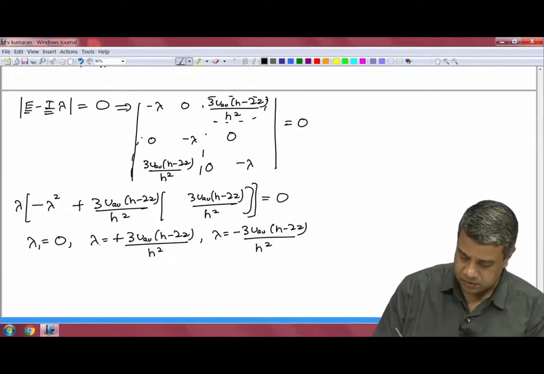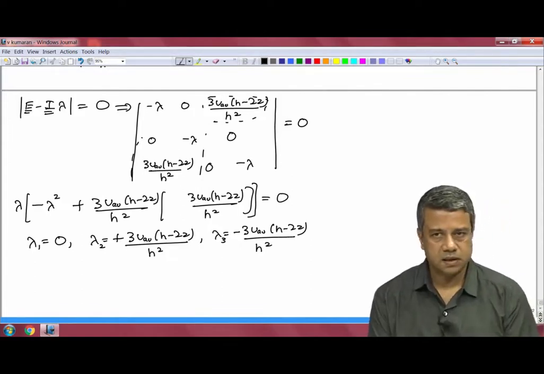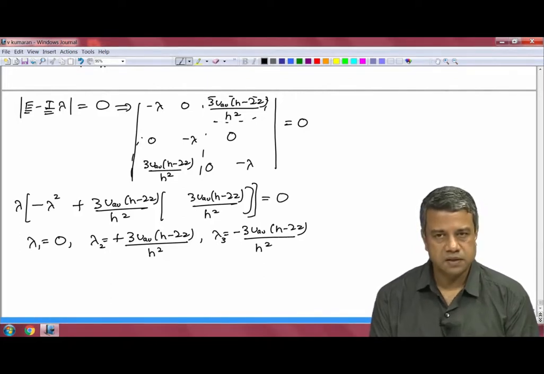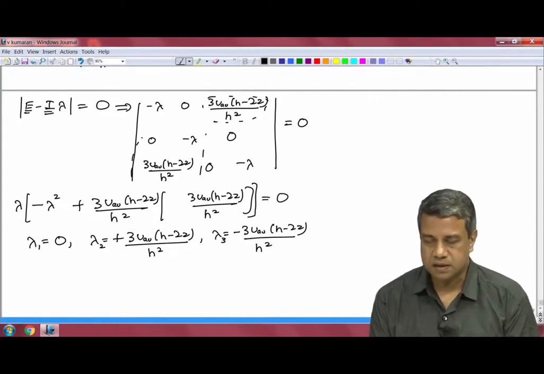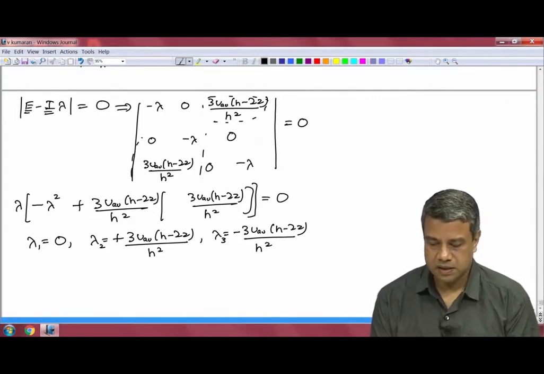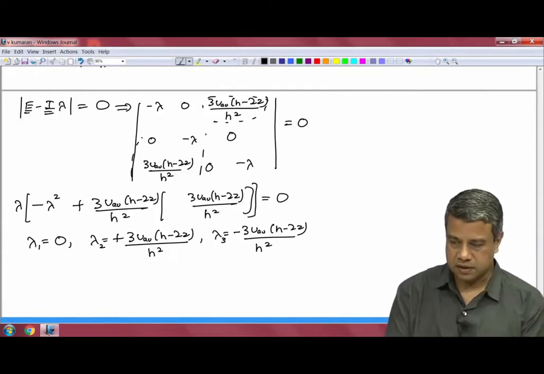So, this is lambda 1, 2 and 3. These are the 3 eigenvalues. One of the eigenvalues is 0, therefore, this is planar extension. There is extension along one direction, compression along the other direction, and there is no deformation along the third direction.